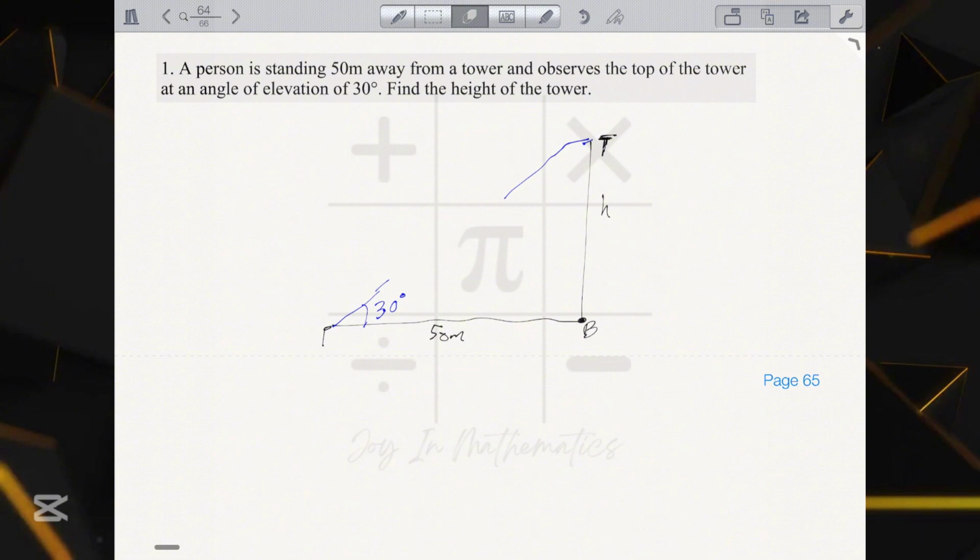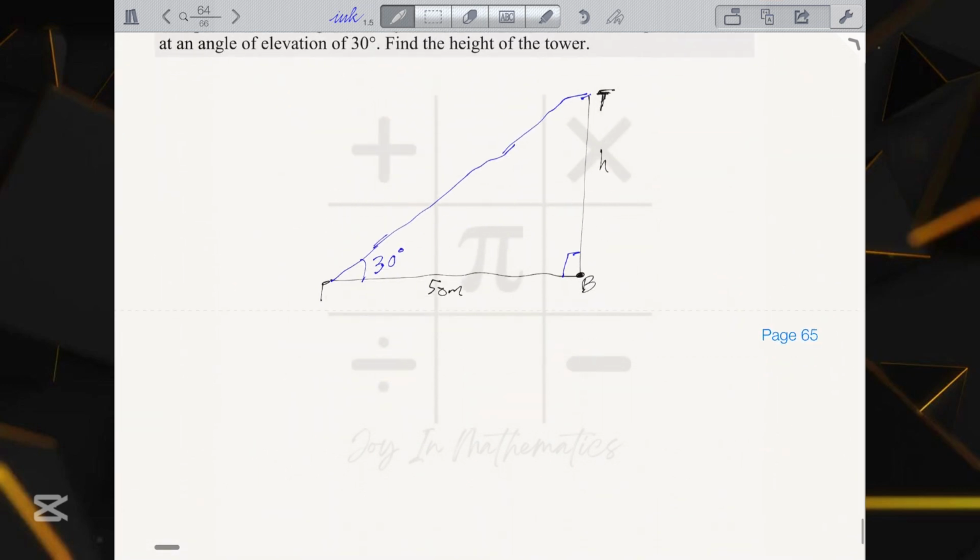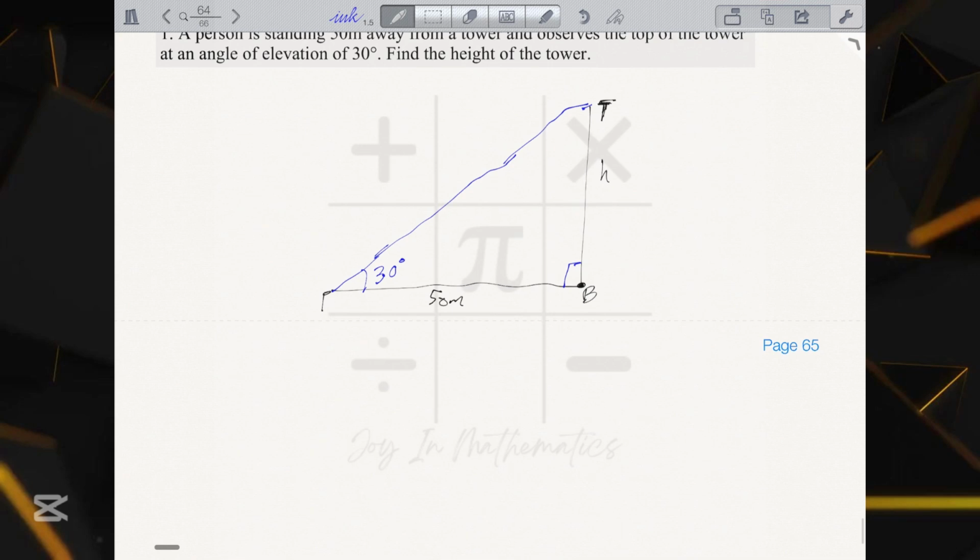So in essence, we have a right angle triangle. In the right angle triangle, we simply have the height, the hypotenuse, and the base. We have the base to be 50 meters, we have the height, and we have the angle 30 degrees. Now the question is, what is the height?